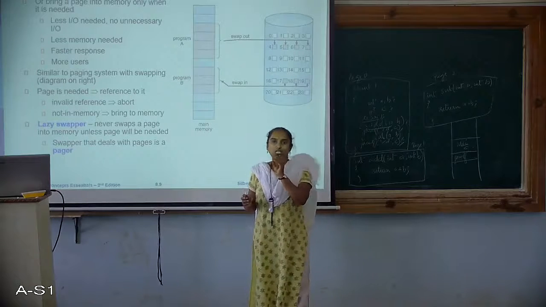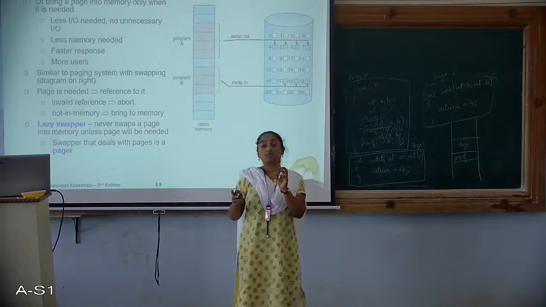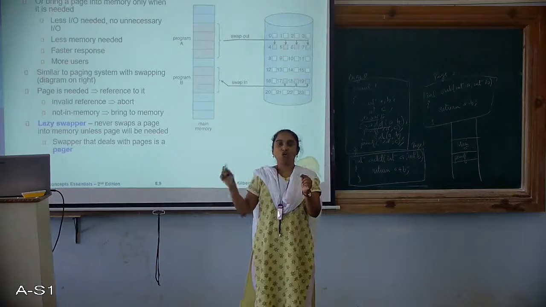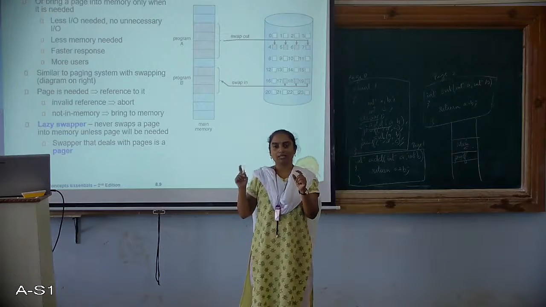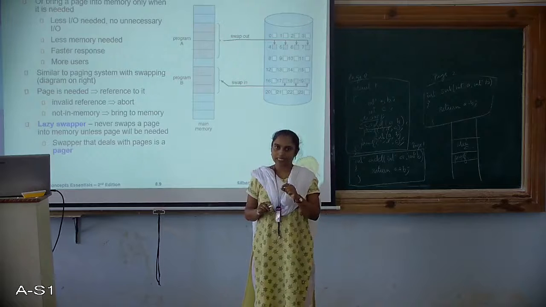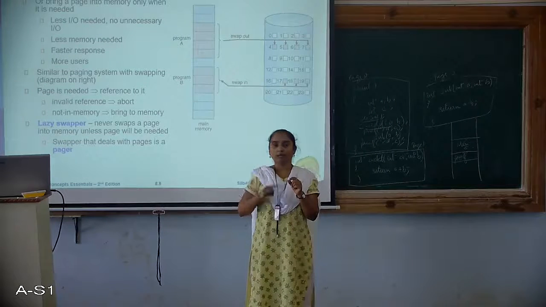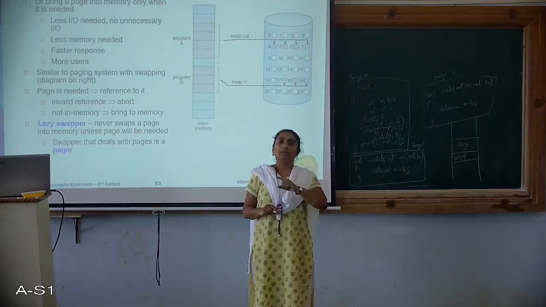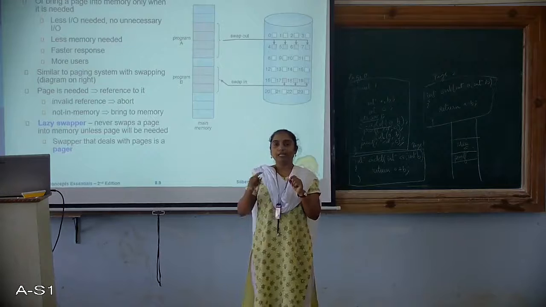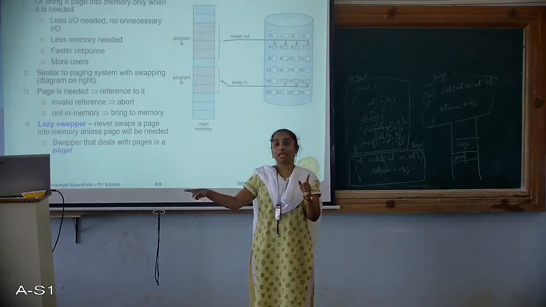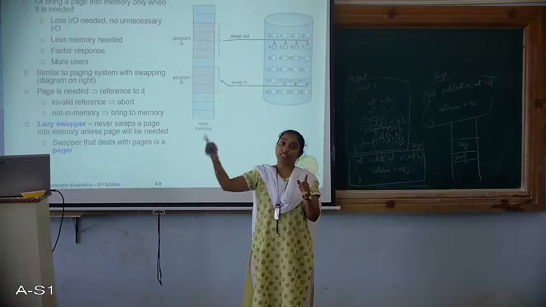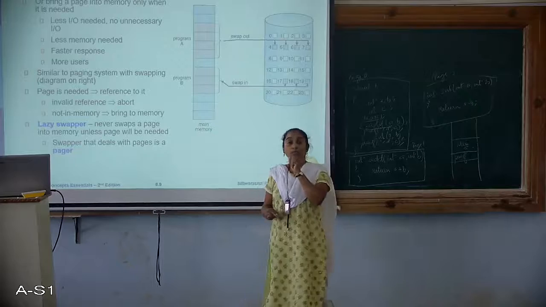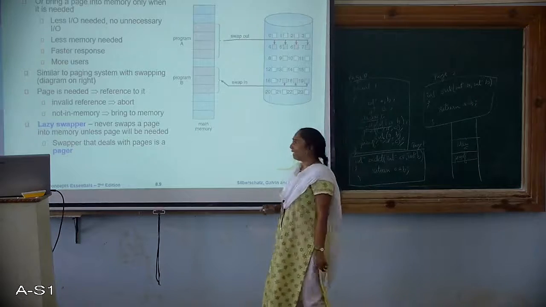If it is present in the physical memory, then the page is valid, which indicates to the operating system that this reference is for a page that is in main memory, and it can be directly accessed. But if the page is not in main memory, it is on extended memory or your virtual memory, then the bit will be set to invalid. Then the operating system has to take care of loading that page from secondary memory to main memory, and the execution of that process continues from the point where it stopped.